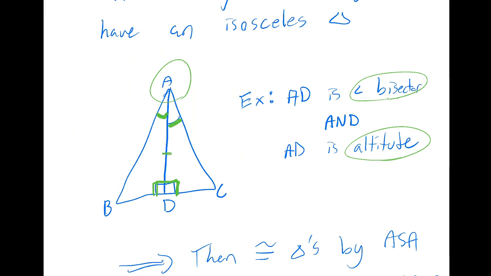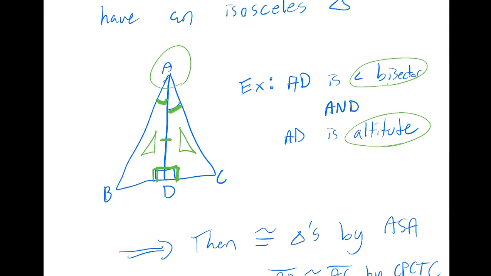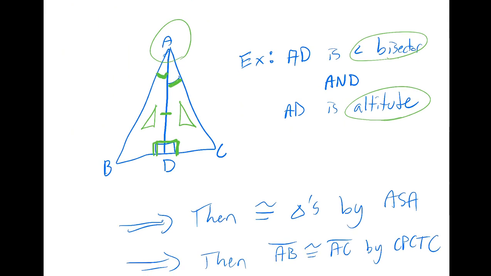All right, so anyways, if we have this as the angle bisector and the altitude, well, look at this. This side's congruent to itself by reflexive property. And so this triangle on the left, ASA, is the same as triangle on the right, ASA. So then by CPCTC, these must be congruent. So see, if you have 2 of these are the same, then what you know is this is an isosceles triangle, and everything over here is everything over here.